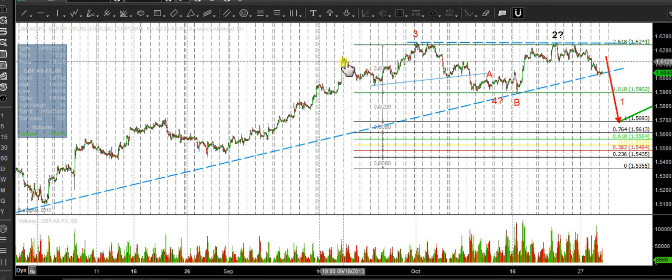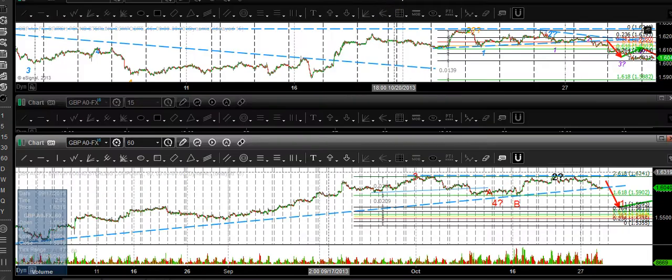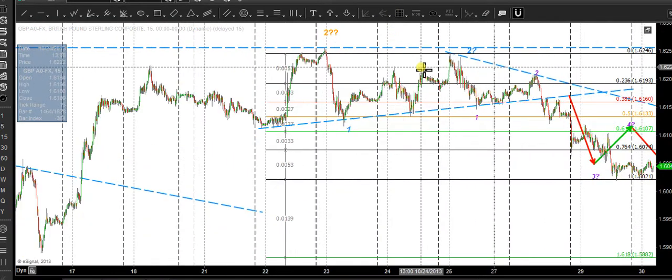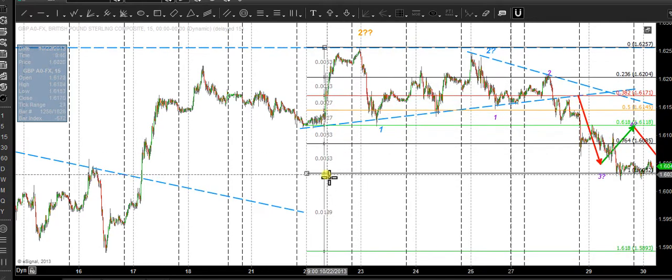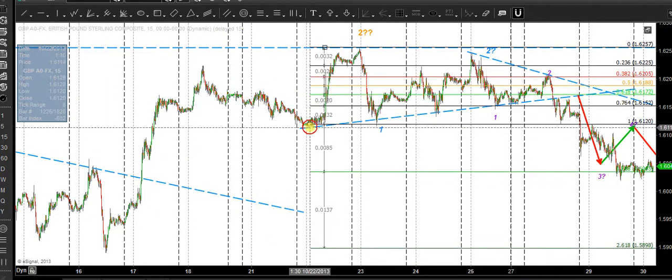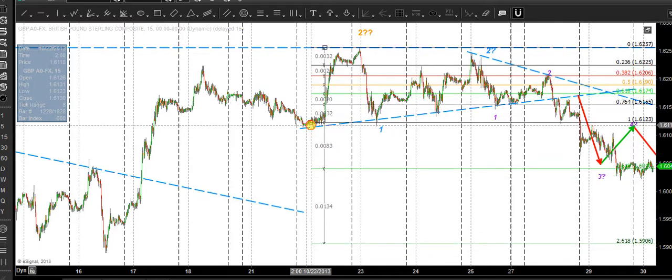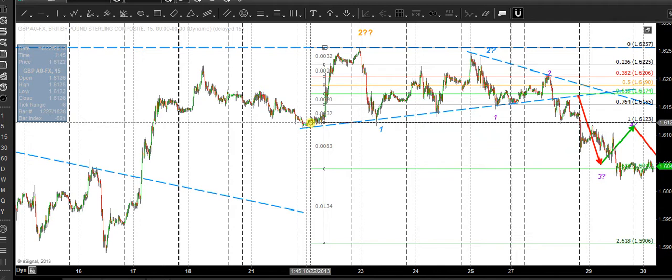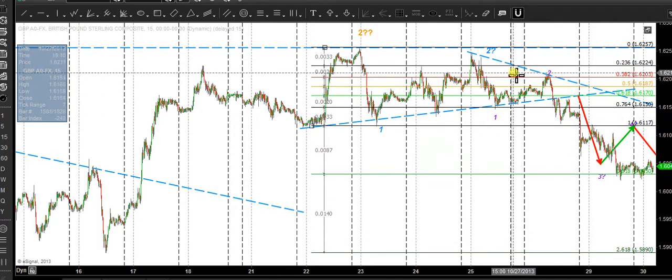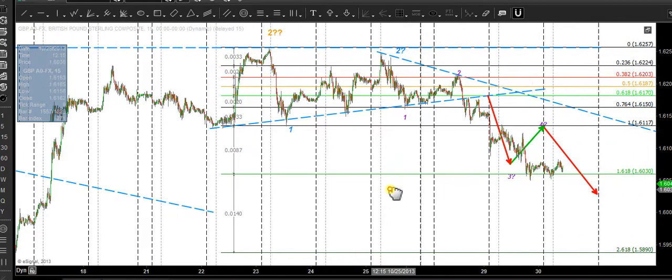Now, as we take a look at the 15-minute charts, we see that we have labeled as wave 1, then a retrace of more than 76.4% for that wave 2 correction.